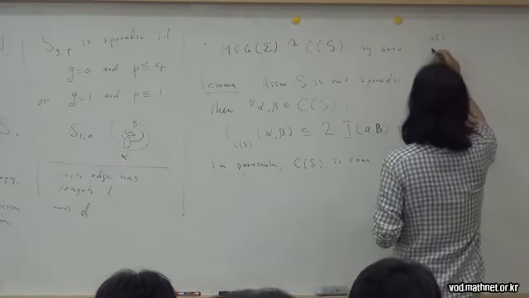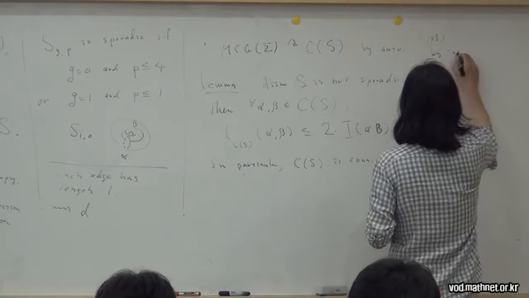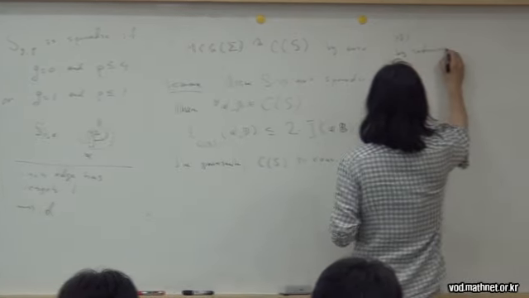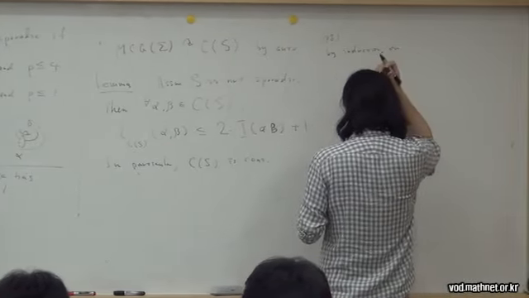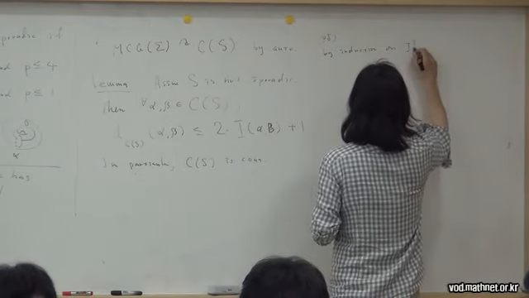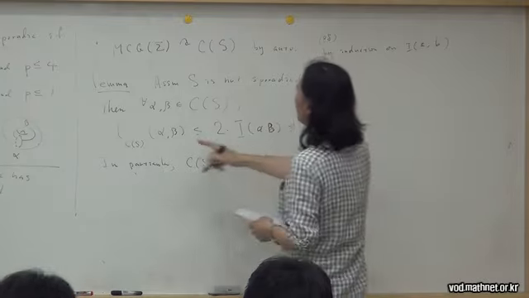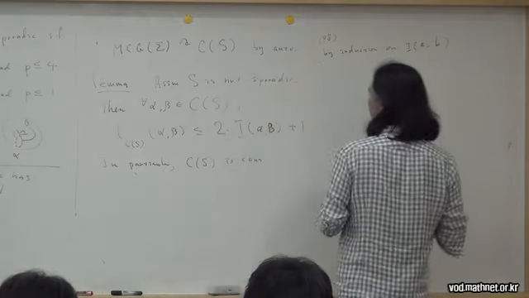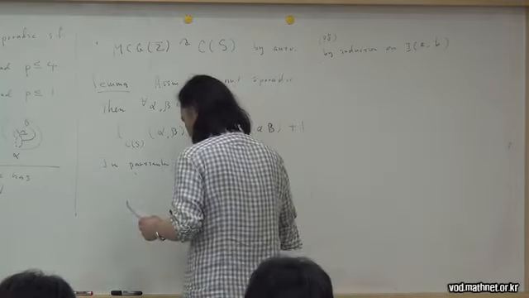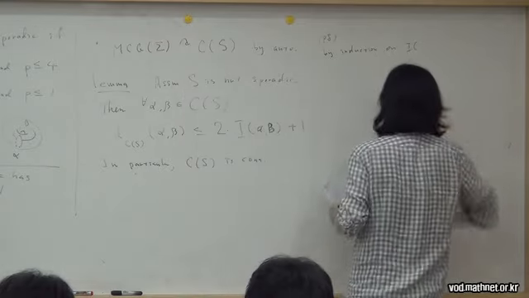This is by induction on the intersection number of alpha and beta.